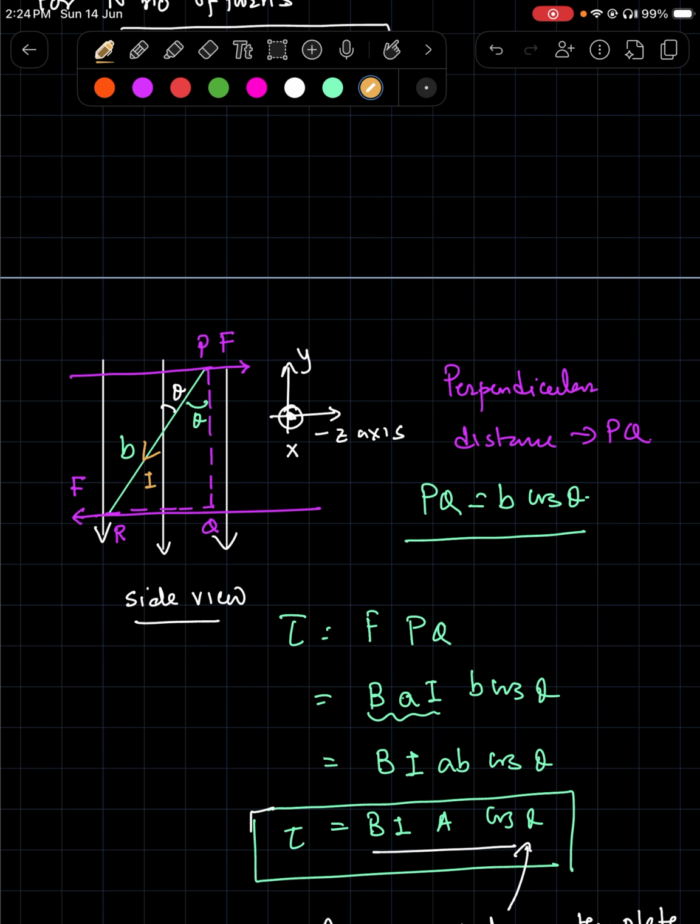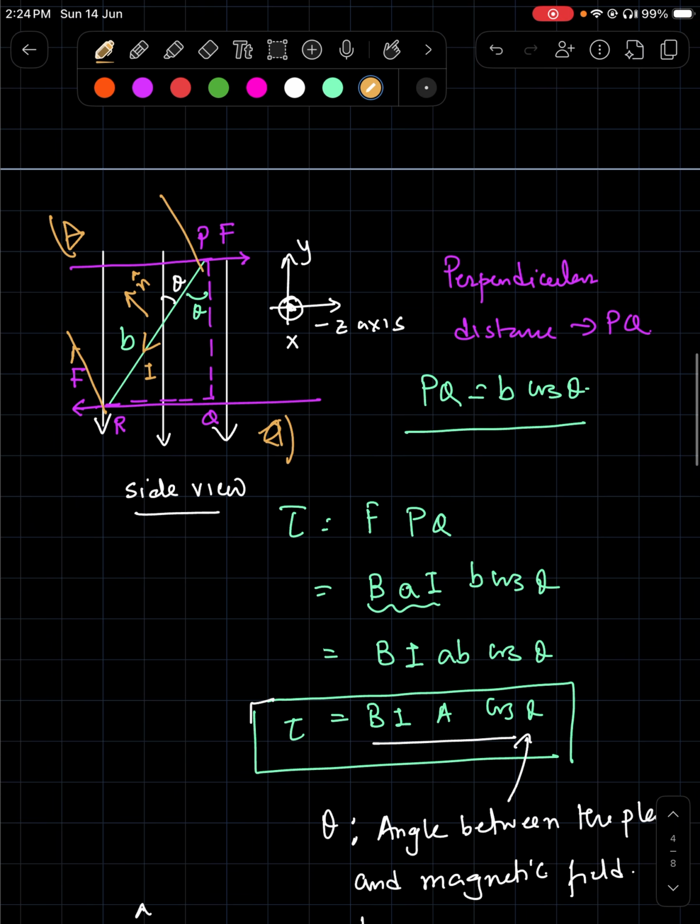If you see the plate from this side, you will see the current is traveling anticlockwise. And if you see it from this side, the current is traveling clockwise. So the unit vector on the plate is n cap in this direction according to our convention.